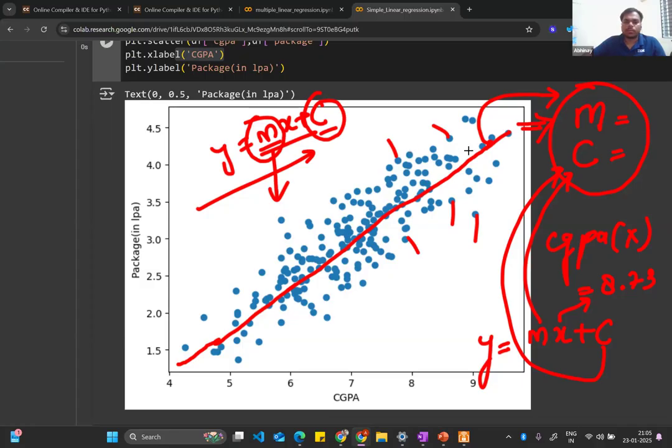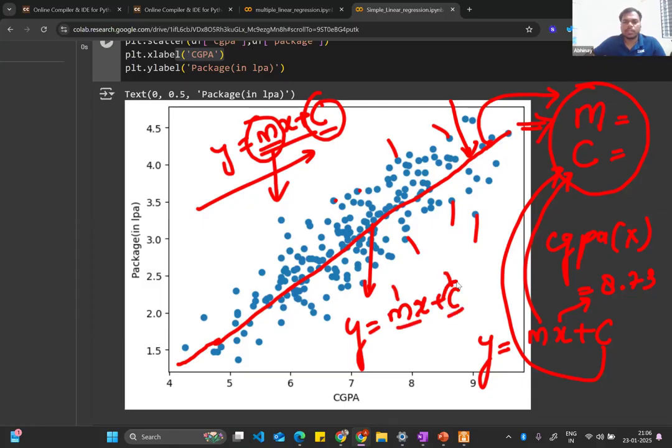I hope it is clear to everyone. Our next job will be to use these points, this data set, and find out a line. From this line, we will find out the mx plus c, your m and c value.